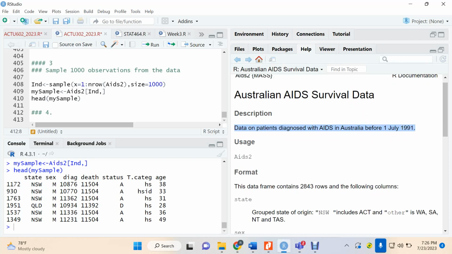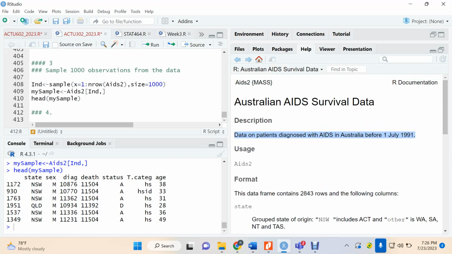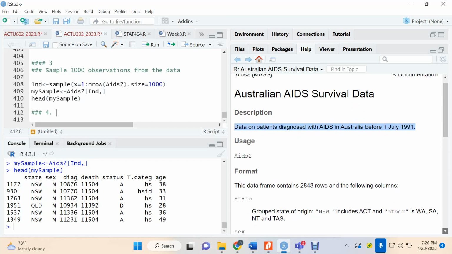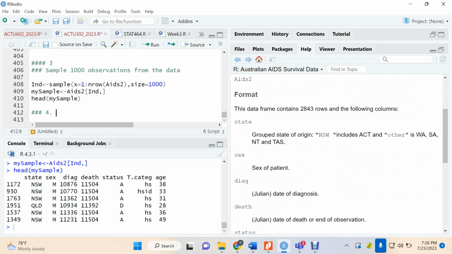So when you come here, you have the Australian AIDS survival data. The data frame contains what? So many columns. What are the variables? State, grouped state of origin. Sex of the patient.